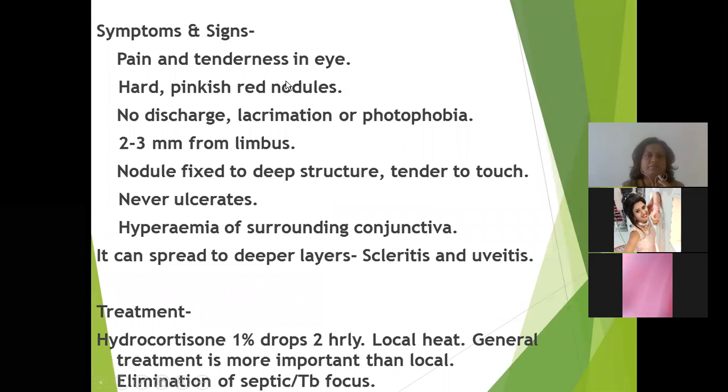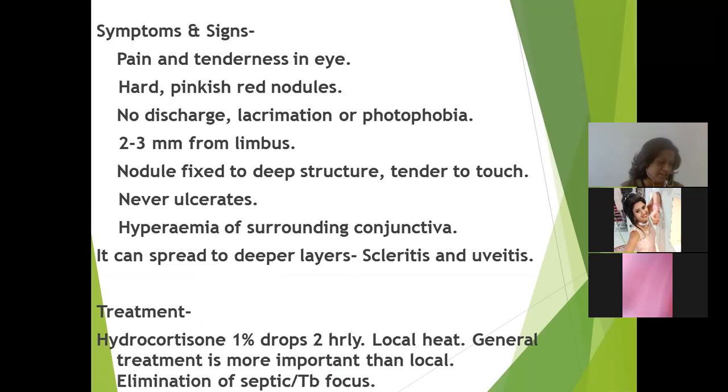Signs and symptoms: there is pain and tenderness in the eyes, hard pinkish red nodules, no discharge, lacrimation or photophobia, 2 to 3 mm from the limbus, nodules fixed to deep structure and tender to touch, never ulcerate, hyperemia of surrounding conjunctiva, and it can spread to deeper layers, so it causes scleritis and uveitis.